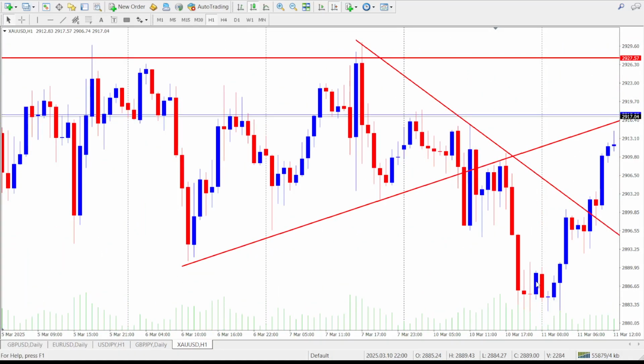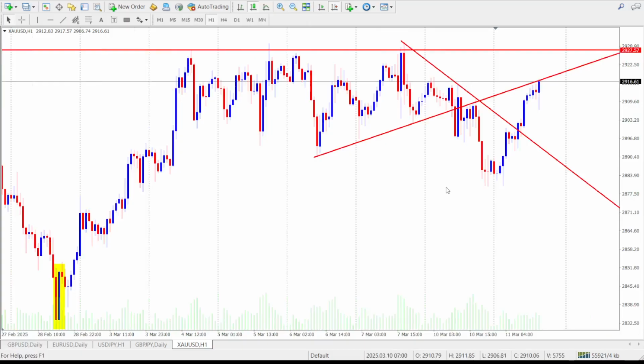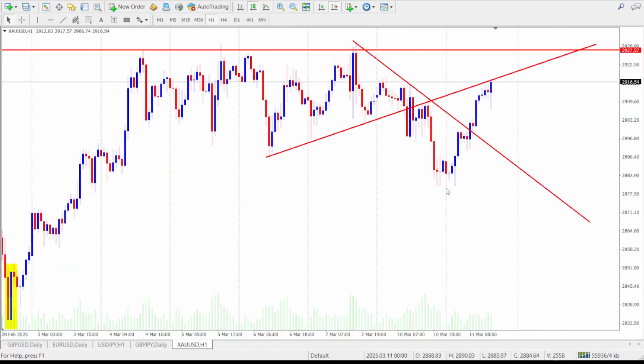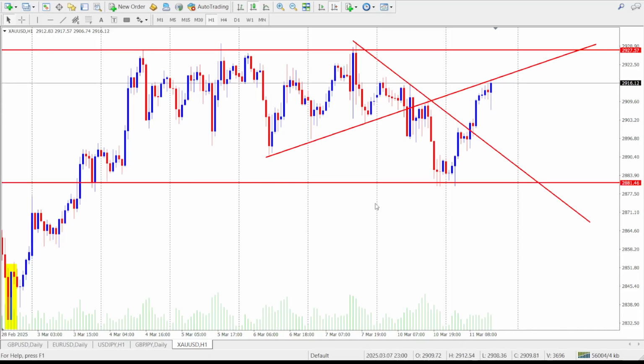Now, one of the core elements of price action is support and resistance levels. These are key price areas where the market has reacted strongly in the past. Support is a level where price tends to stop falling and reverse upward.